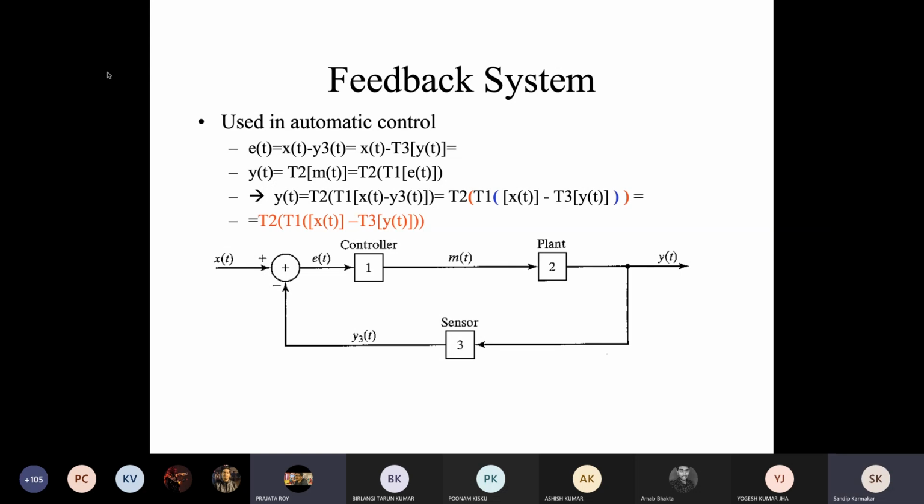Yes, but I want to know what is its value in terms of x and y. x(t) minus y3(t). So what is y3(t)? Sir, T3 y(t).